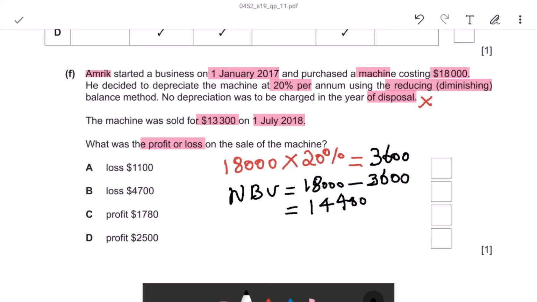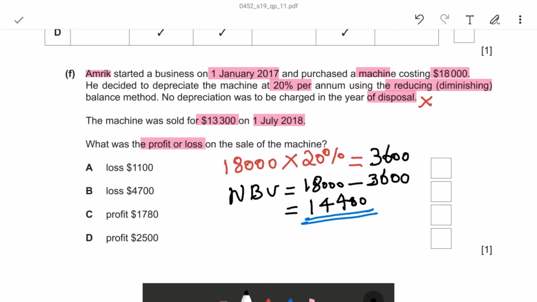The machine is being disposed of in 2018, but in the disposal year there is no depreciation. So the net book value of the machine is 14,400.